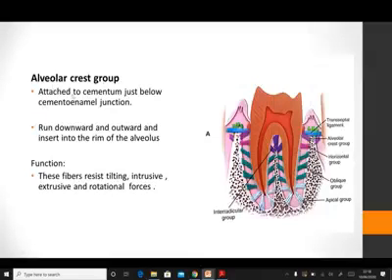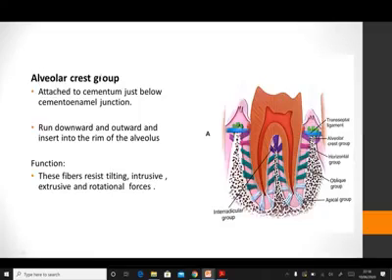All of the fibers of the periodontal ligament, as we know, are attached to cementum on one side and alveolar bone on the other side. The fiber bundles of the periodontal ligament are embedded into the cementum, the extrinsic fiber system of the primary cementum on one side within the root, and on the other side they attach to the alveolar bone.